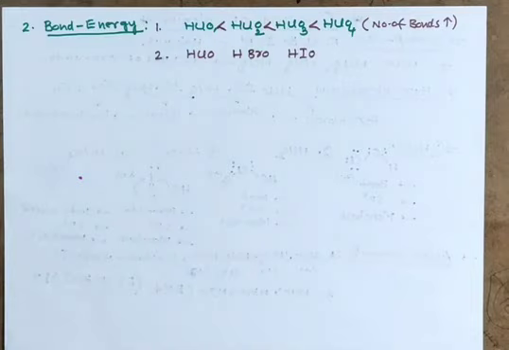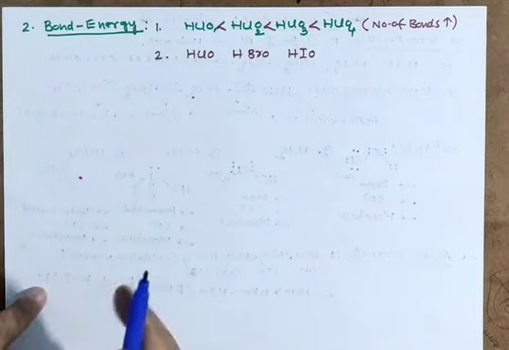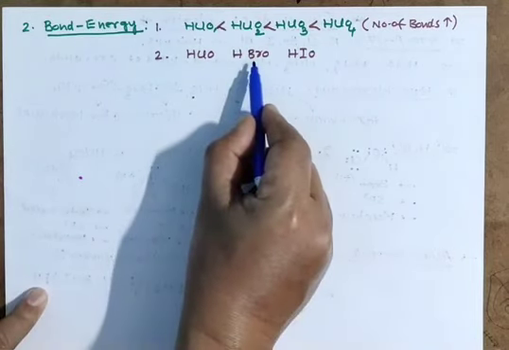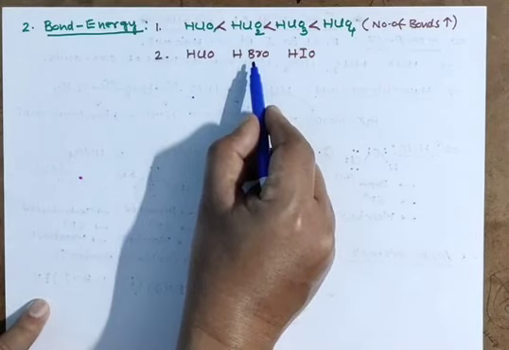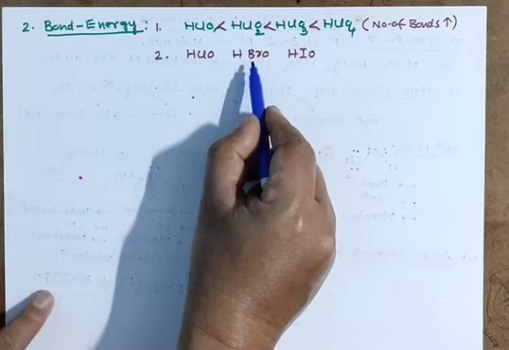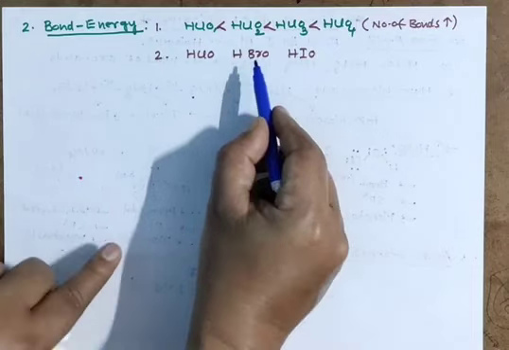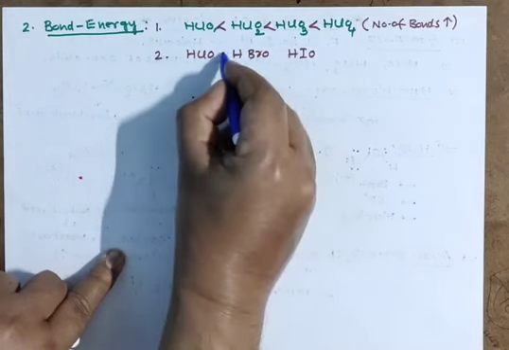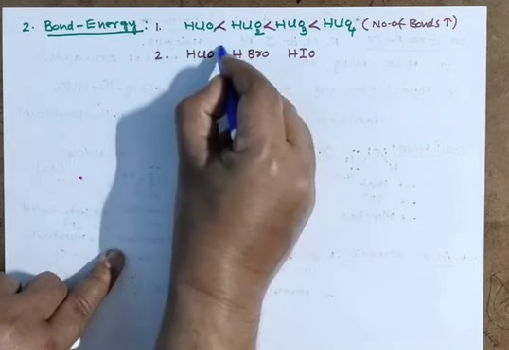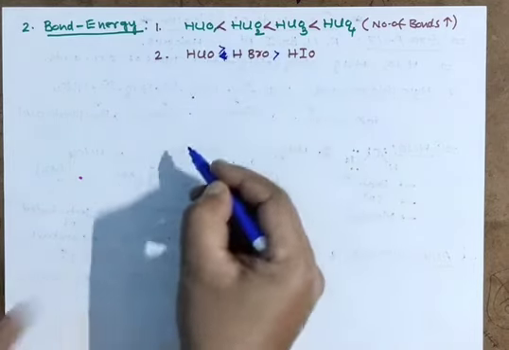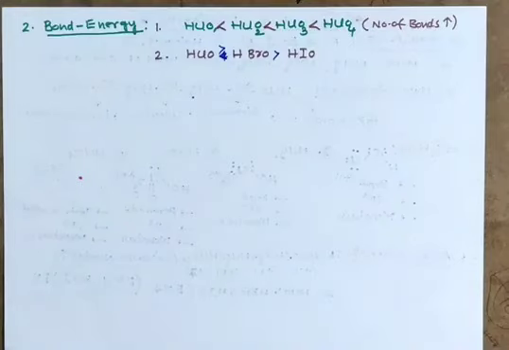Then the number of bonds is increasing, no doubt, but the size of the central atom is increasing. If the size of the central atom increases, what happens? Distance increases. Distance increase means bond energy is going to decrease.